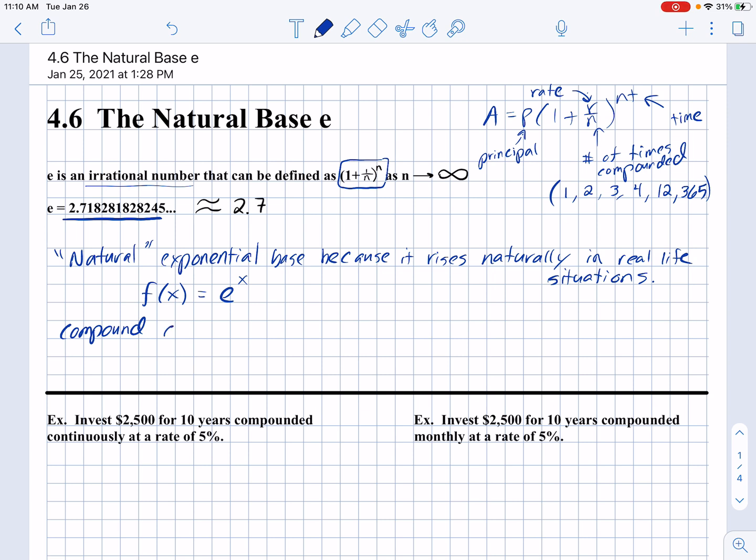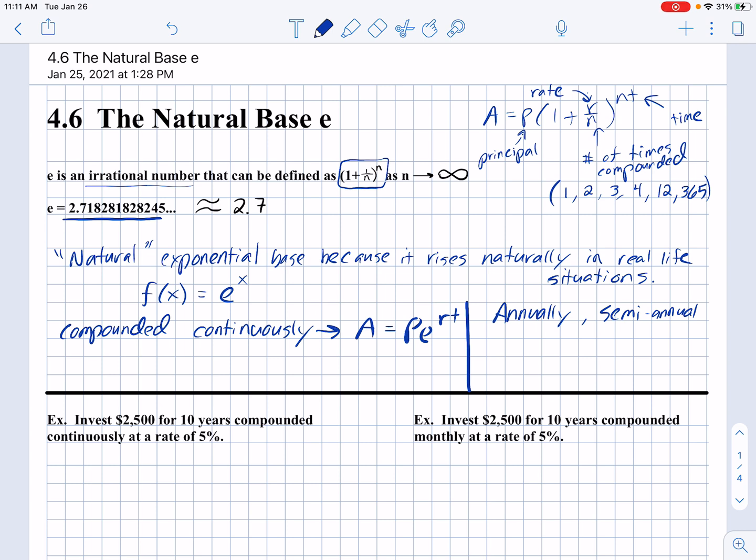Something that's compounded continuously would look like this: the amount equals our principal with a base e to the power of our interest rate times time. Everything else, semi-annually, quarterly, annually, would use our formula up above.